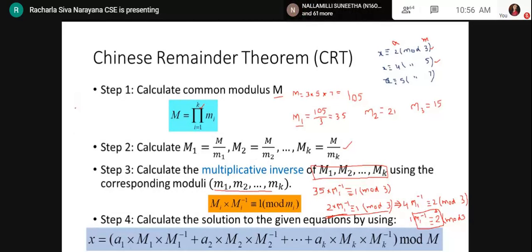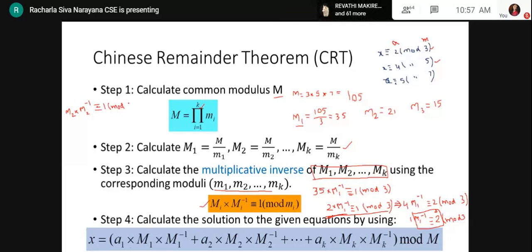Now m2 inverse. By using this formula, M2 into m2 inverse congruent 1 mod small m2.